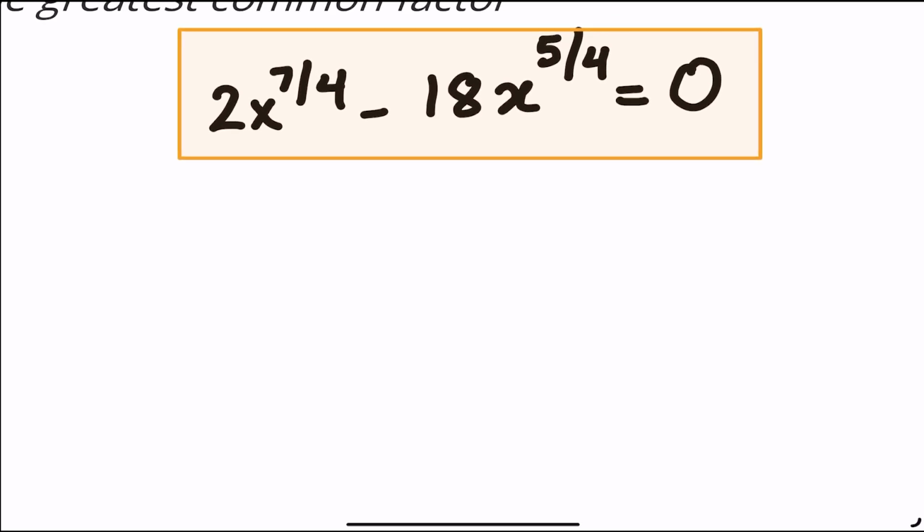What do I do here? Again, I bring out something that's common. From 2 and 8, what is common? Of course, the 2. Oh, wait a minute.